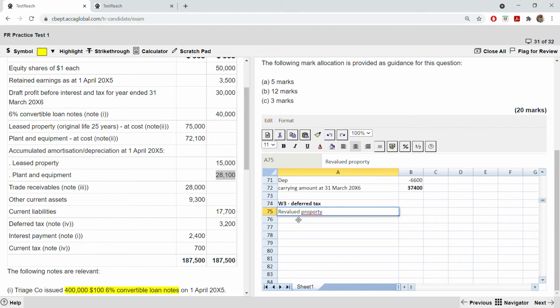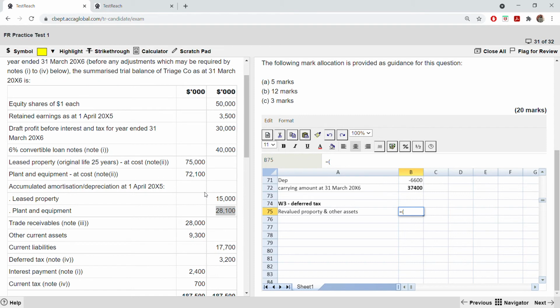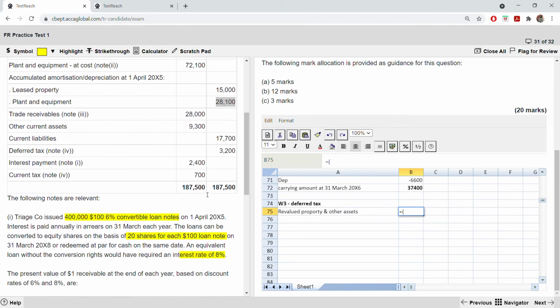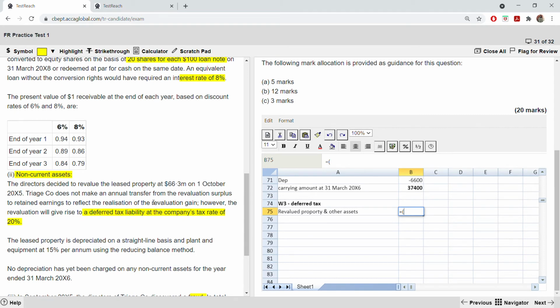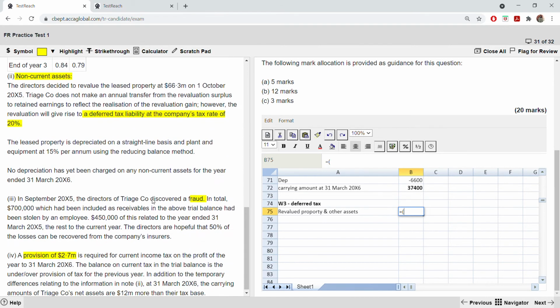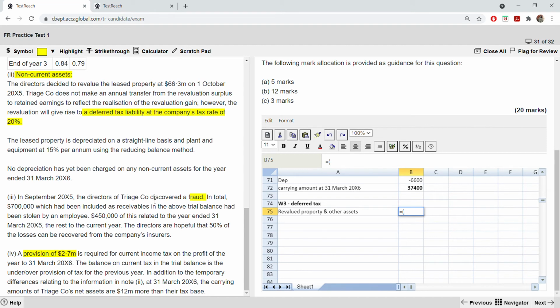Revalued property and other assets. How much is it? What is the revalued property? It is 7,800. And what is the other assets? If you see, here, fourth point.